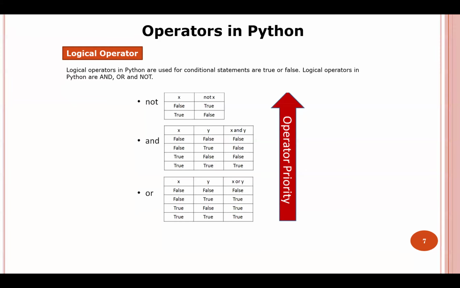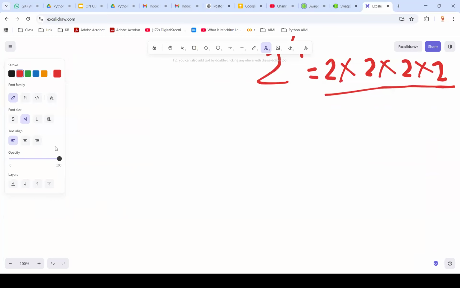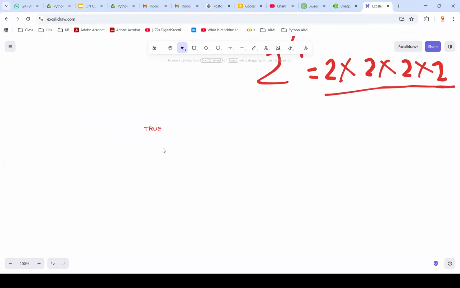Now here I will simply take one example, let's suppose, and. We will take the example of and. Let's suppose this is one statement, and its value is true.